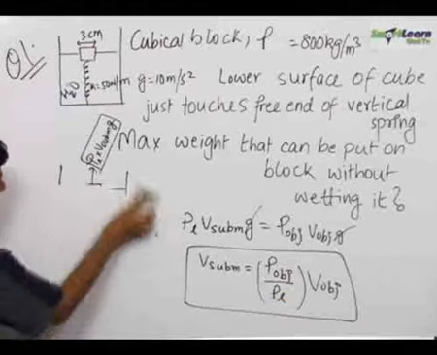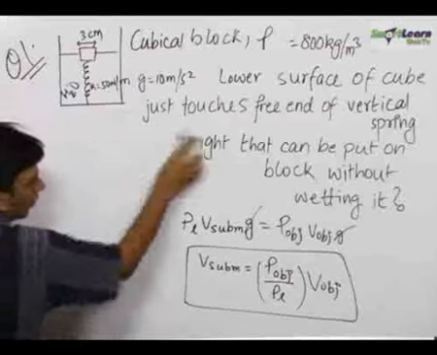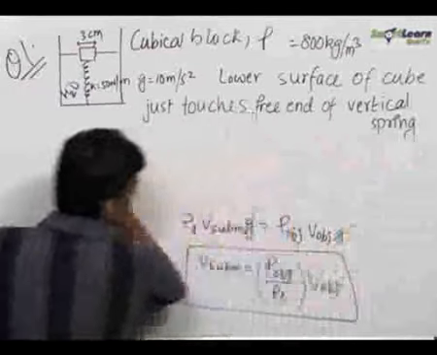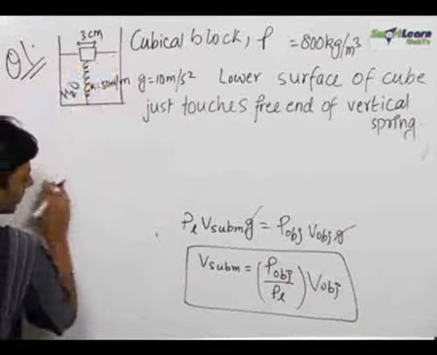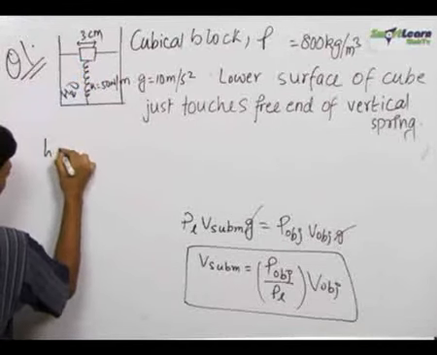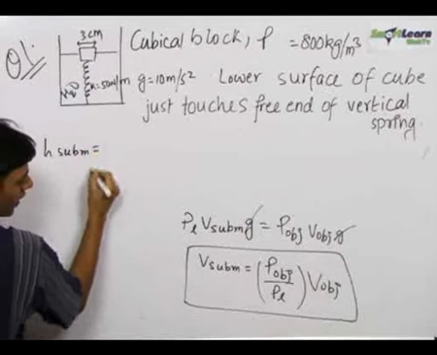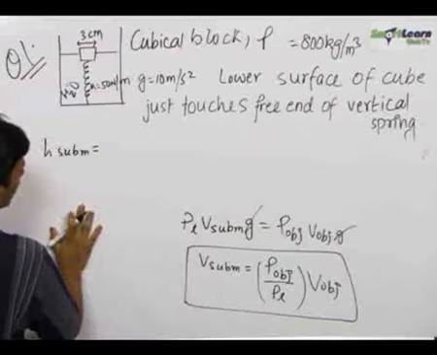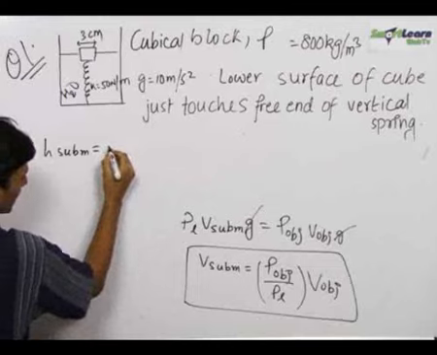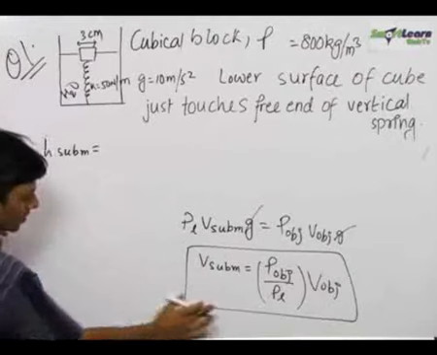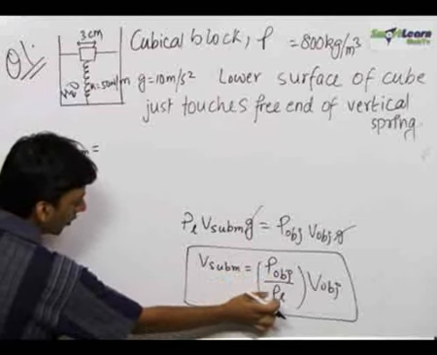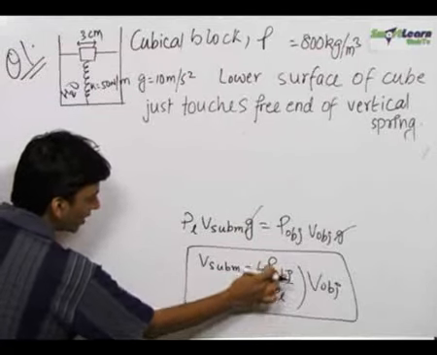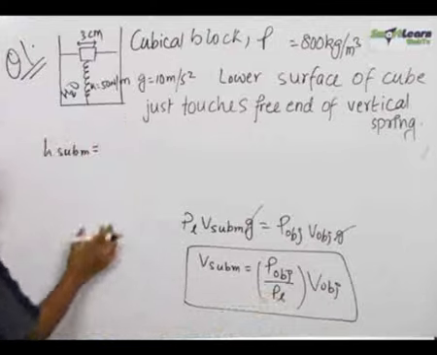Now using this formula, we can write height submerged is equal to density of the object upon density of the liquid into height of the object, that is the specific gravity of the object relative to the liquid in which the object is.